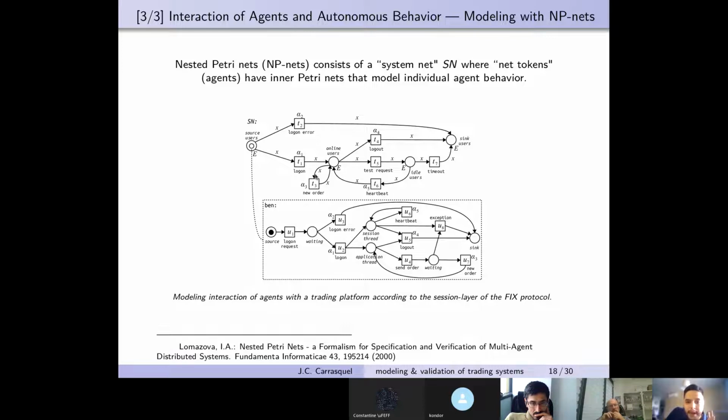For example, in this model, alpha 1 represents that the transition logon is synchronized with the transition T1 logon in the system net. So when both are enabled and they fire, for example, Ben, let's suppose that there should be a token waiting in the place waiting. If this fires, and Ben is also in the input place of the transition logon, then there would be a synchronous step. Why could this synchronous step be useful in our case?